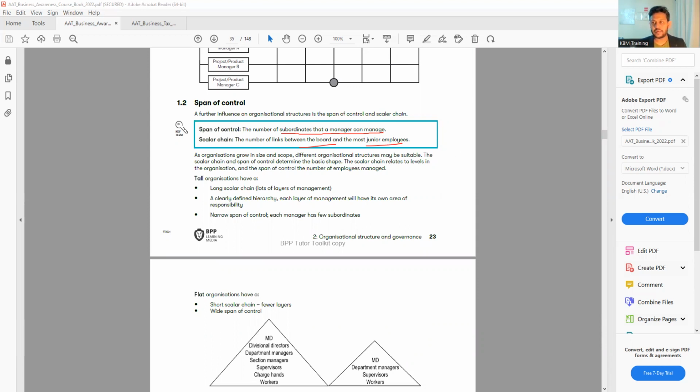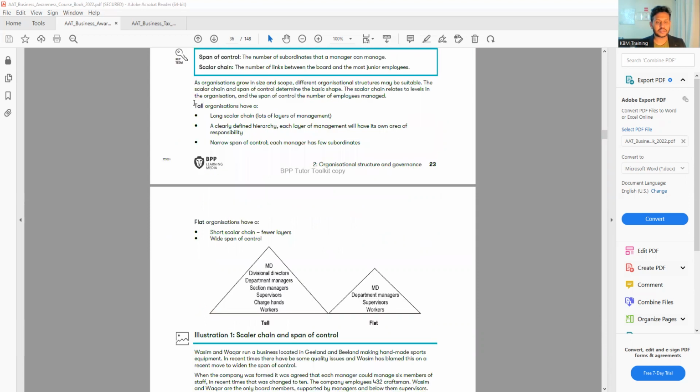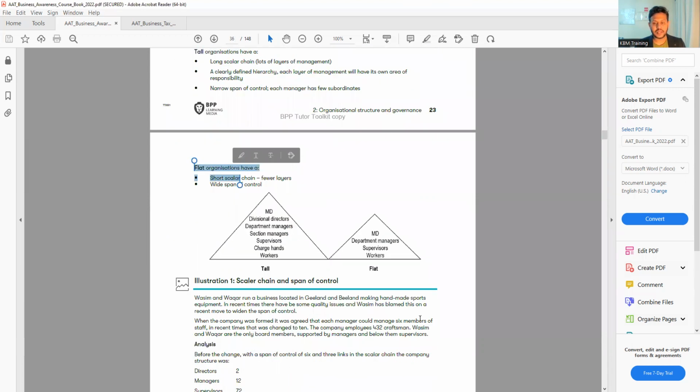Now we have 2 types of organization we discussed before. We have a tall organization and we have a flat organization. You can see here the tall organization: we have an MD, a divisional director, department managers, a section manager, a supervisor, charge hand, and the workers.